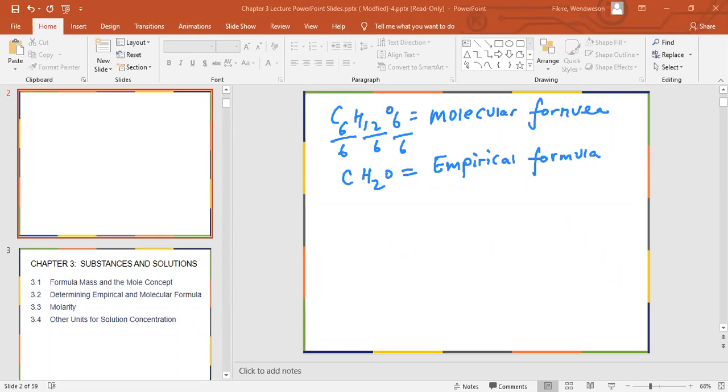And then the question here: calculate the percentage composition by mass of a single element from a compound. What does that mean? For example, I have a compound here, calcium nitrate.